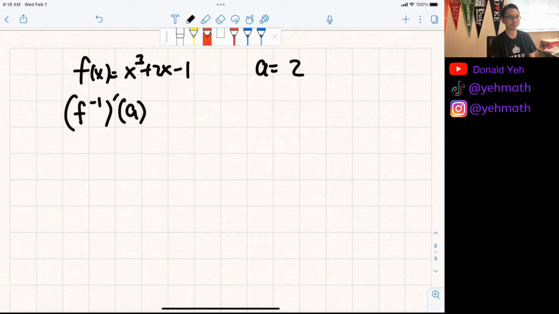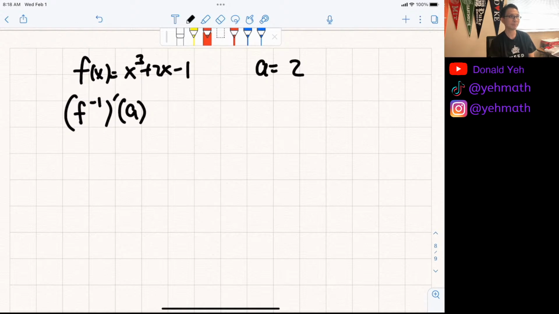Here's the problem. I'm going to present a problem. Did you see the problem already? Is it possible for you to find the inverse function or no?